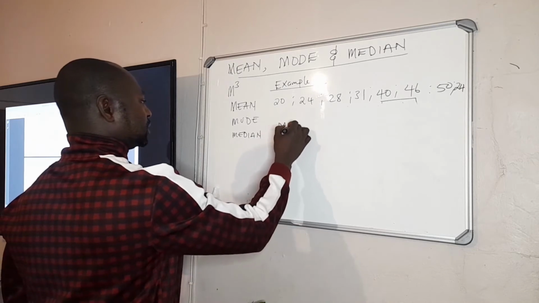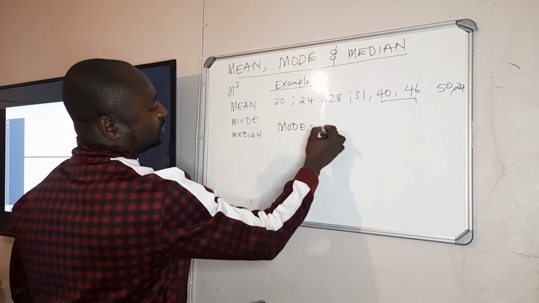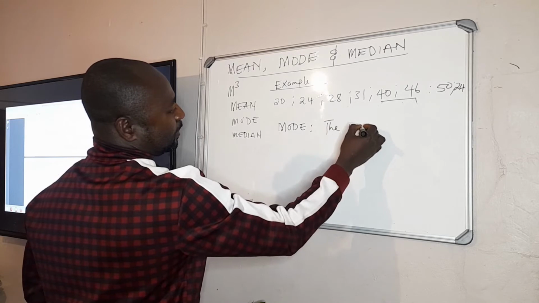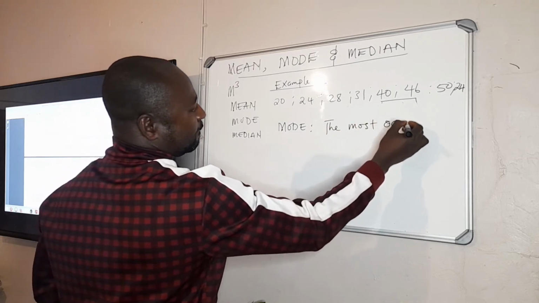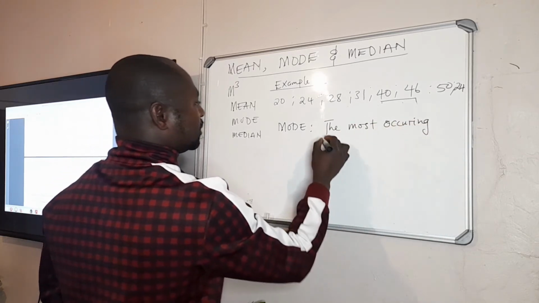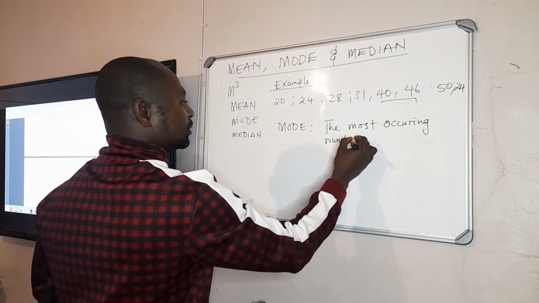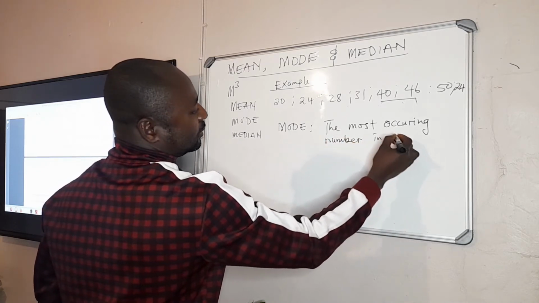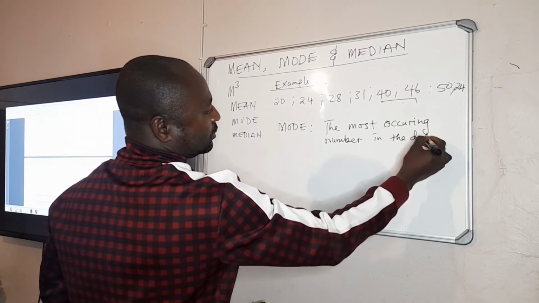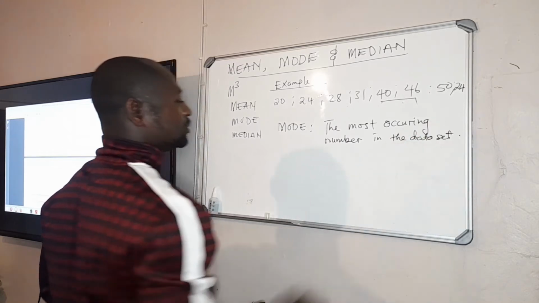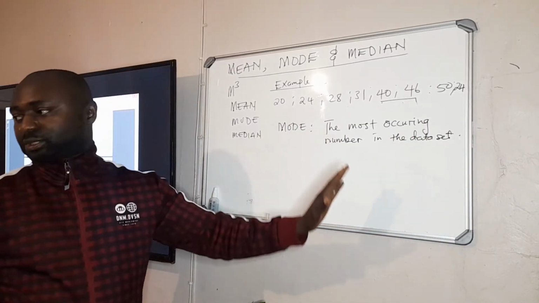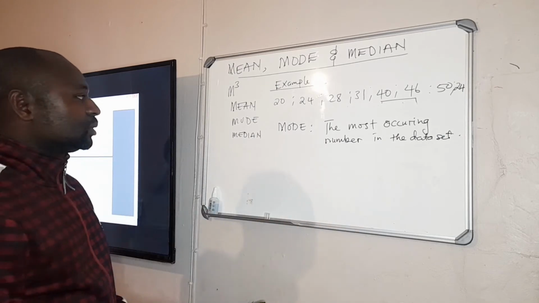Mode is the most occurring number. Let me put it this way: the most occurring number in the data set. So the number that appears most in the data is what we call the mode.